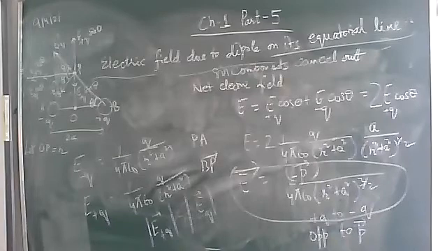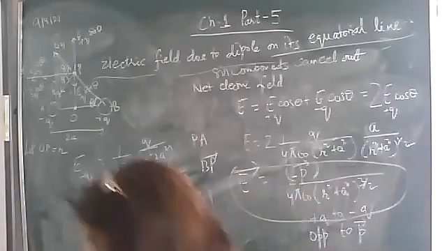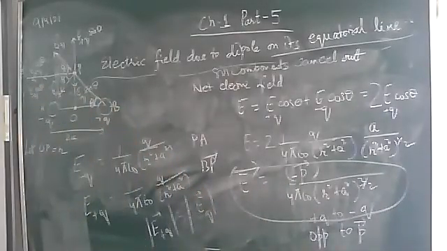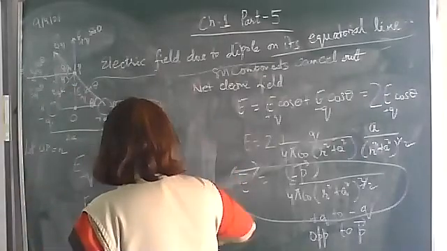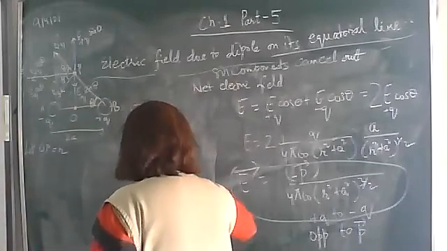Such a dipole we call a short dipole. What will be for a short dipole? Find out the electric field on the equatorial line.